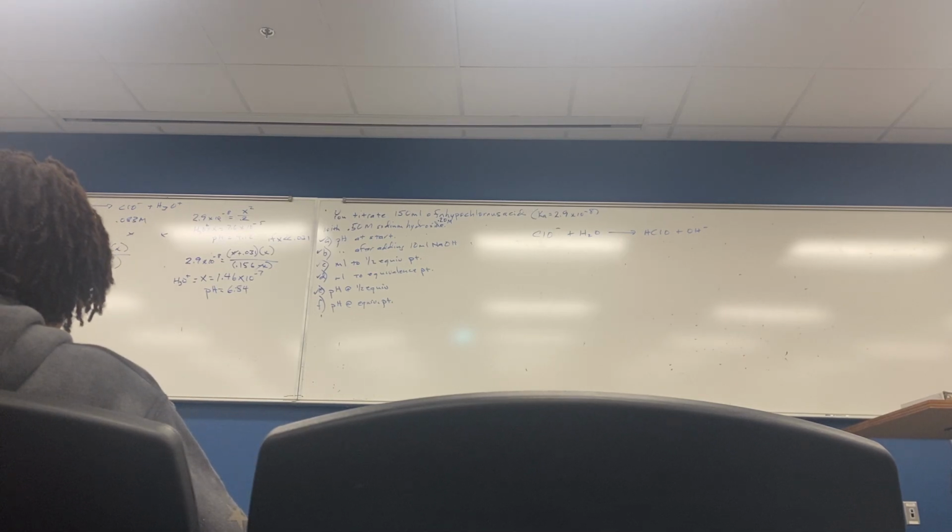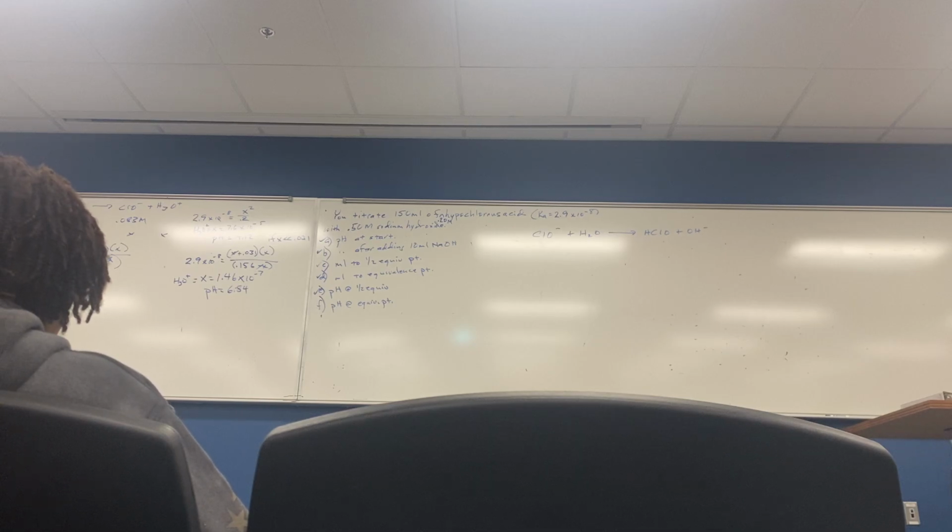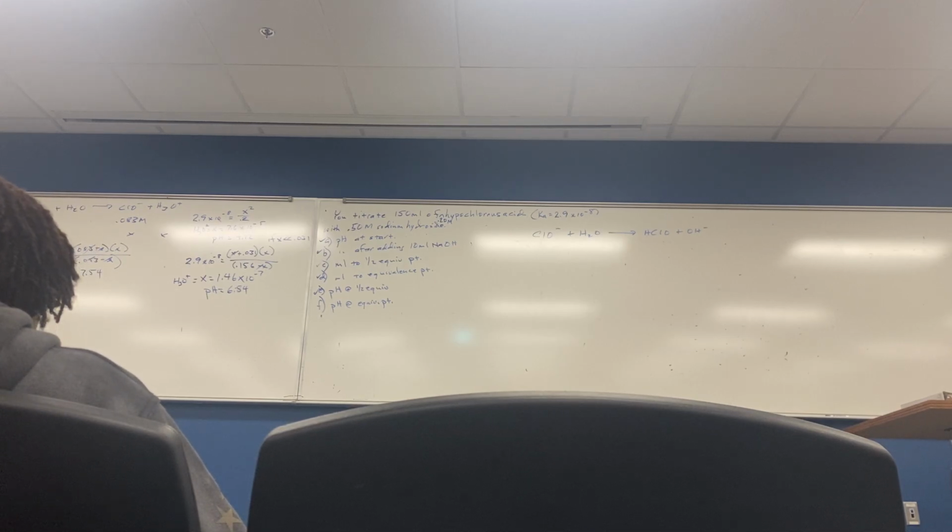So my 0.03 has gone to 0 because I'm at the equivalence point. And so my conjugate base has gone from 0 to 0.03. Okay, what's my volume now? How many mils did I have to take to get to the equivalence point? 60. So how many mils are sitting in the beaker? 210. That's the 150 I started with plus the 60 I had.